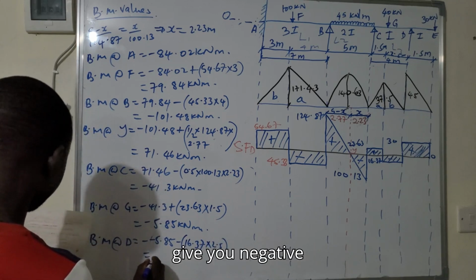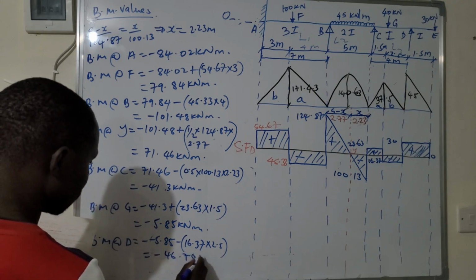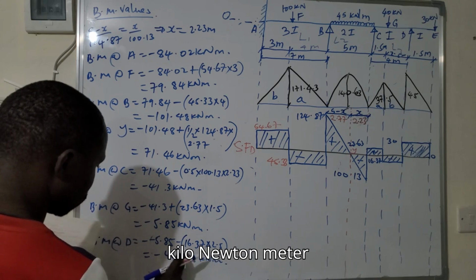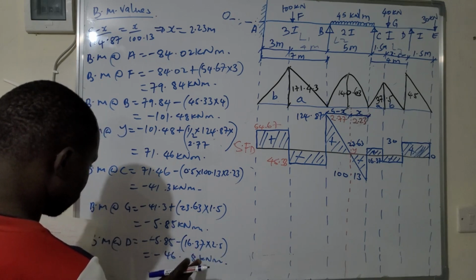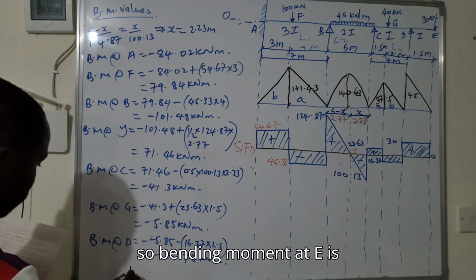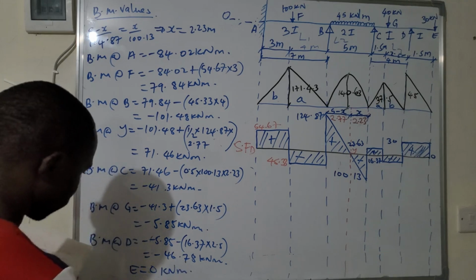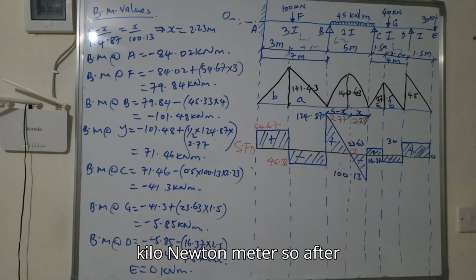So this one will give you negative 6.78 kilonewton meter. So bending moment at E is equal to 0 kilonewton meter. So after doing so, now we can draw our bending moment diagram. So let's draw a bending moment diagram.